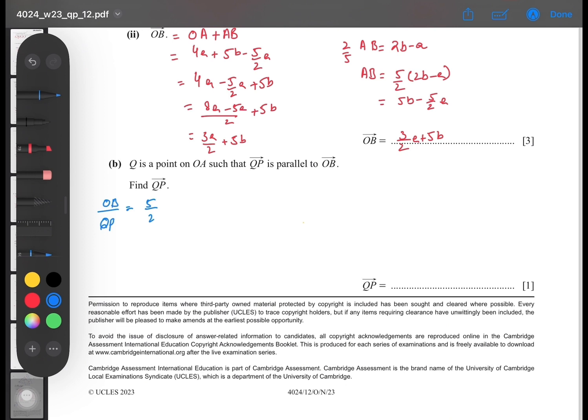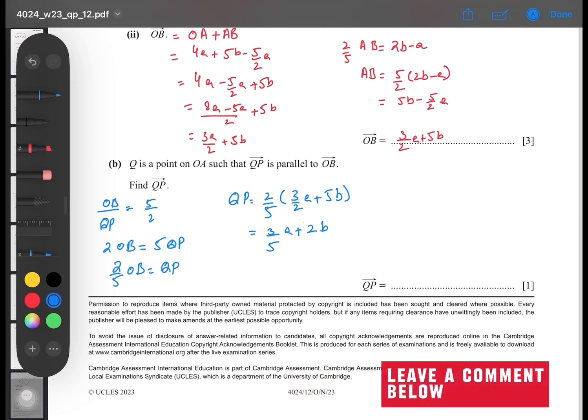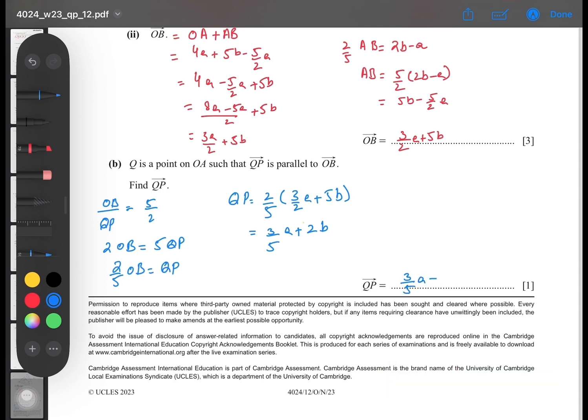So if we cross multiply, I'll get 2 times OB is equal to 5 into QP. For QP, we have 2 over 5 OB is equal to QP. For QP, we'll multiply the vector by 2 over 5. So this will be 3 over 2A plus 5B. After simplifying, I'll get 3 over 5A plus 2B. So the answer is 3 over 5A plus 2B.